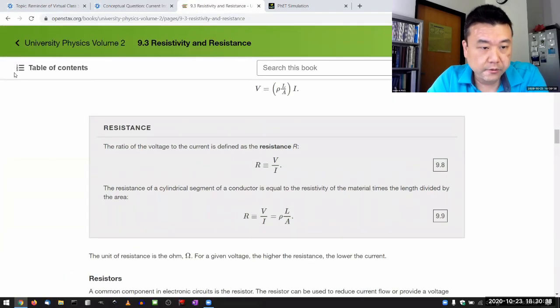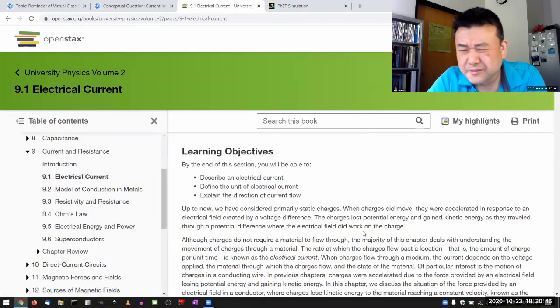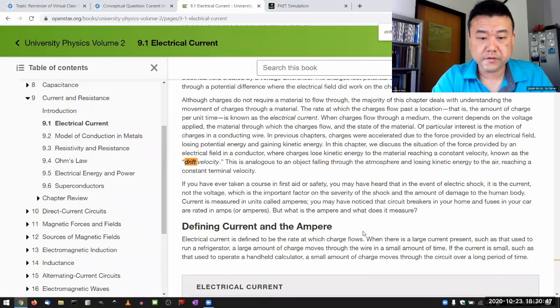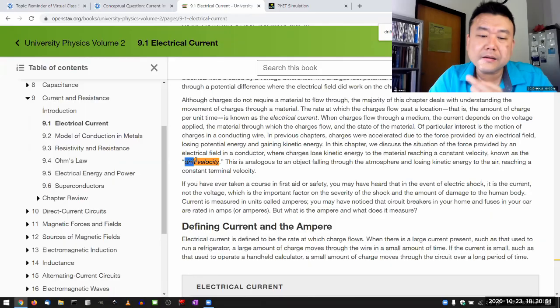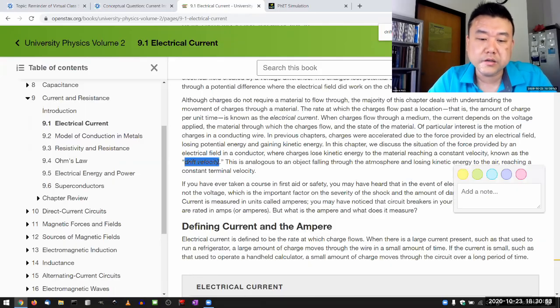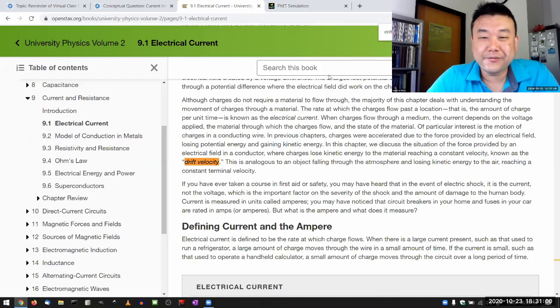If you're looking at your textbook, there's a place somewhere here. I think it's in this section. Drift velocity, yeah. The reason this term is introduced is because for electrons, microscopic objects, their thermal velocity is actually much higher than the drift velocity.